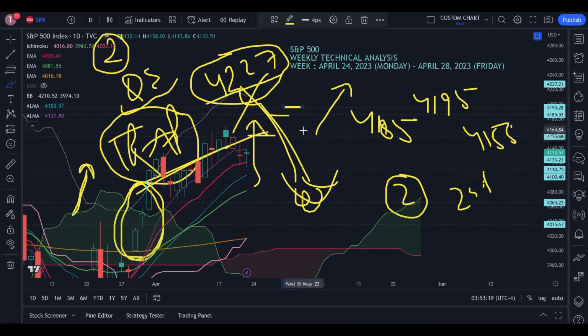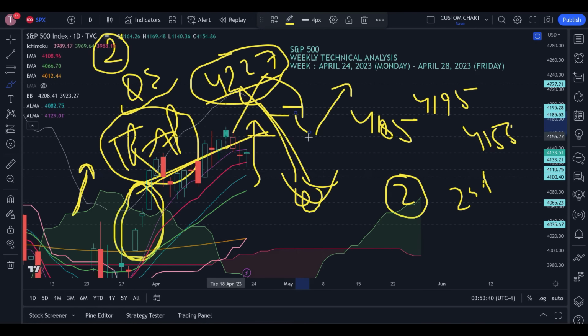What I am anticipating is that if there comes a bull movement that breaches 4155 heavily, or 4167, then a heavy bull movement can come, then within a single candle it can breach 4195, move towards 4227, then will fall.